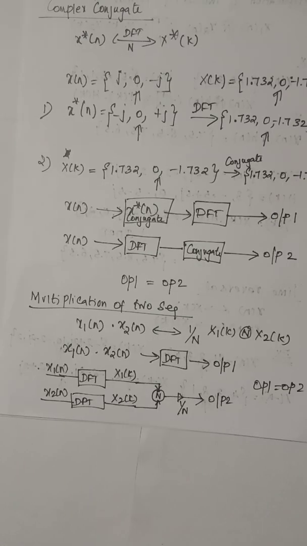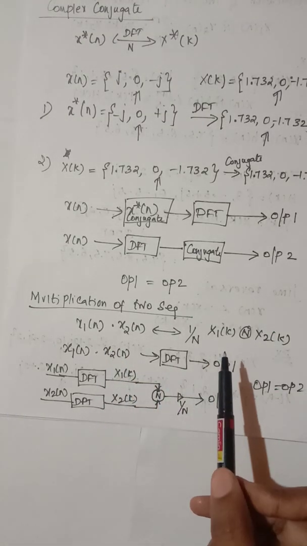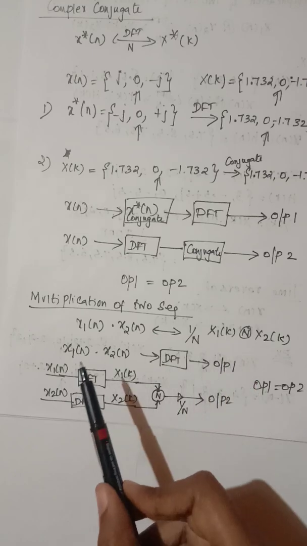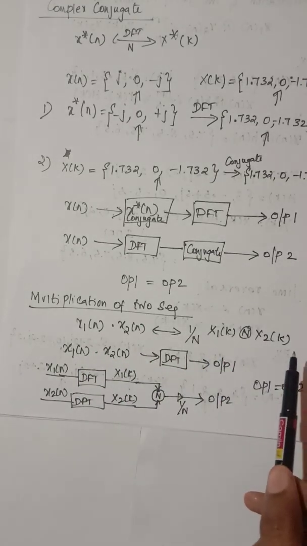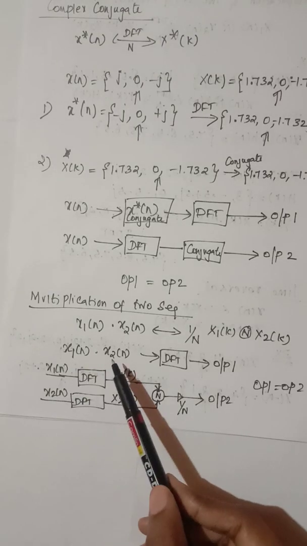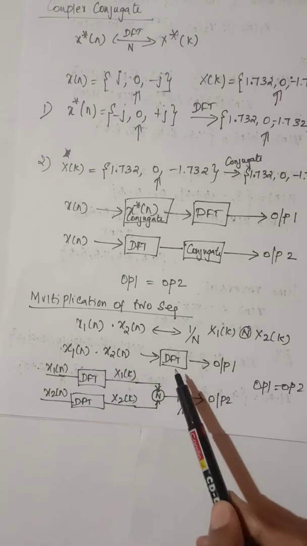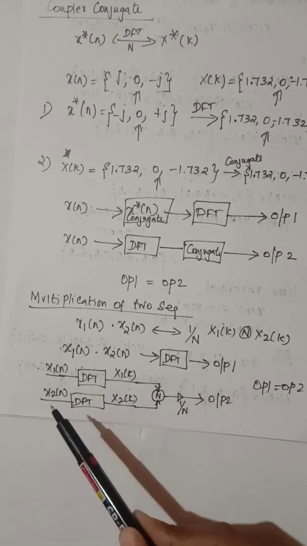Next one is the multiplication of two sequences. We have already seen that circular convolution in time domain is equivalent to multiplication in frequency domain. Now multiplication in time domain is equivalent to circular convolution in frequency domain. Just see this: x1 of n and x2 of n, we multiply them and then perform DFT, and you will obtain some output.